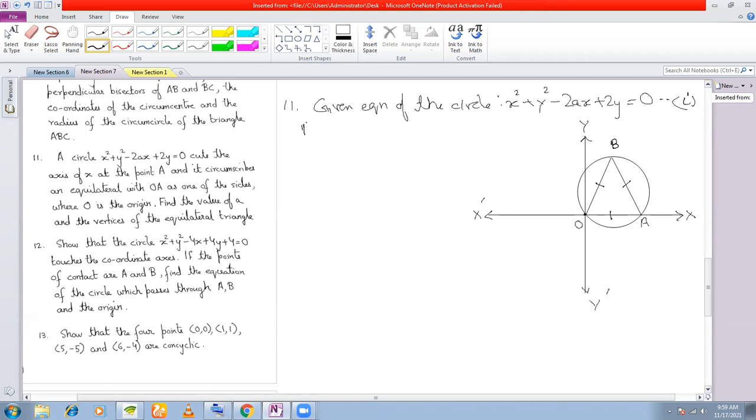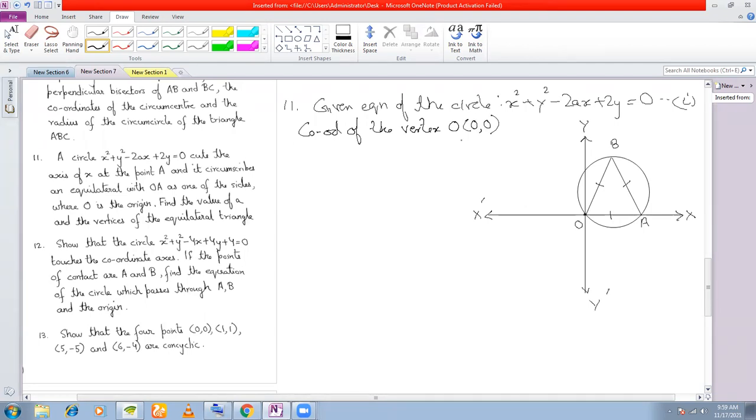So first of all, because we are expected to find out the coordinates of the vertices, we know one vertex. So let's write it down first. Coordinates of the vertex O is (0, 0), right?